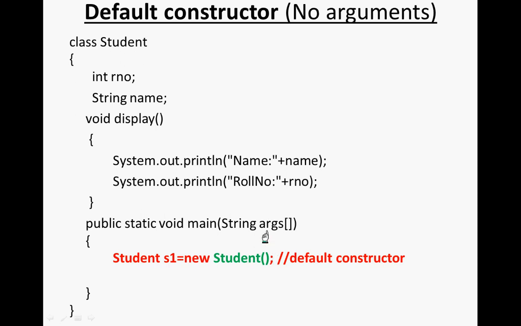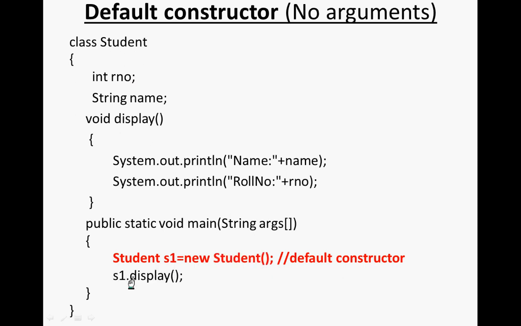Now what is the student? Which is the default constructor. Here note it down, we are not giving any student constructor, but this constructor is generated by the Java compiler. Now we are going to invoke this display method with the help of object s1.